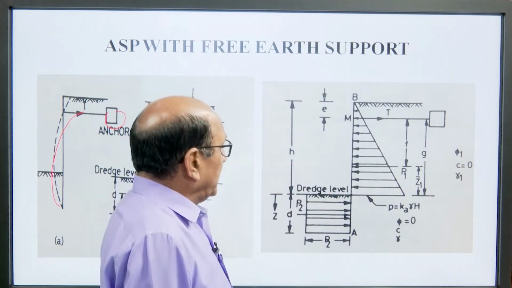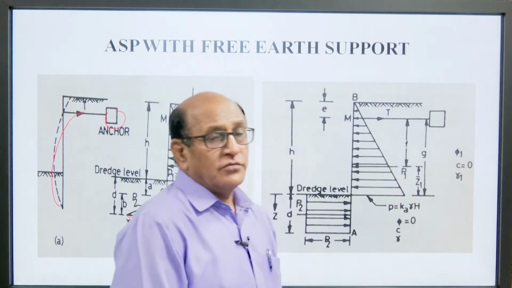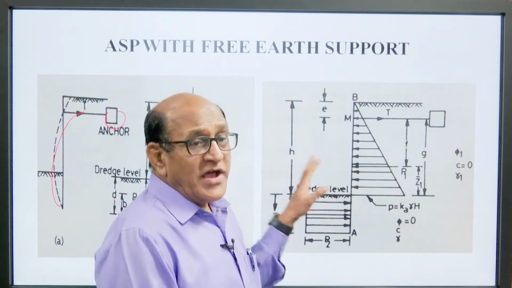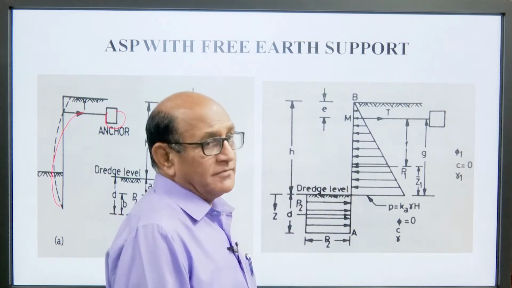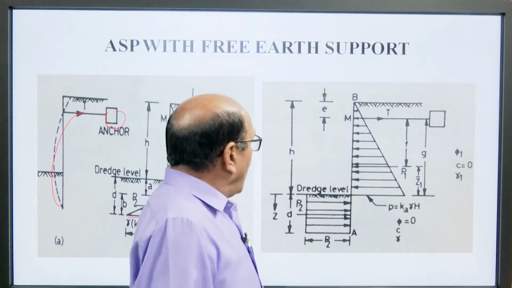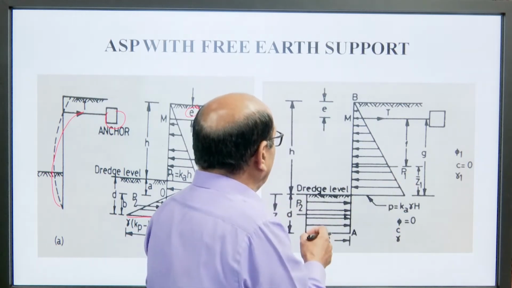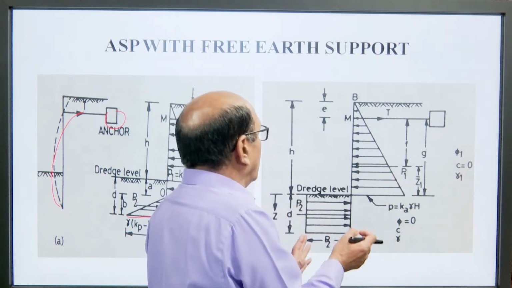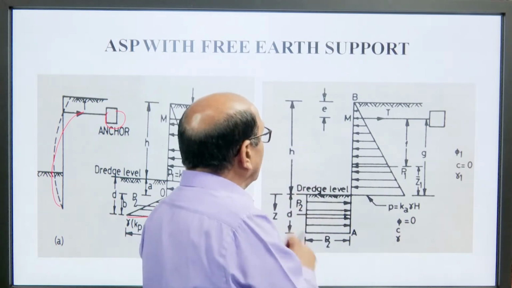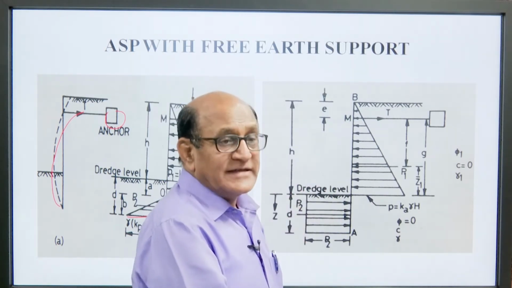Now, come to this one. Here C is equal to 0, which means this is cohesionless soil. Again you can see here the active forces acting behind the sheet pile.